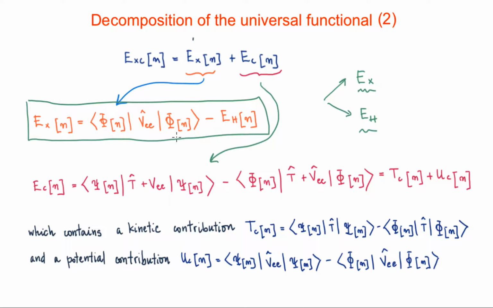Considering that Slater determinant, which we call the Kohn-Sham wave function, we calculate the average of the total electron-electron potential energy, and you subtract from this one the Hartree energy. The one which is remaining is what we called, within the Hartree-Fock approximation, the exchange energy, and it is the same one that we have here.